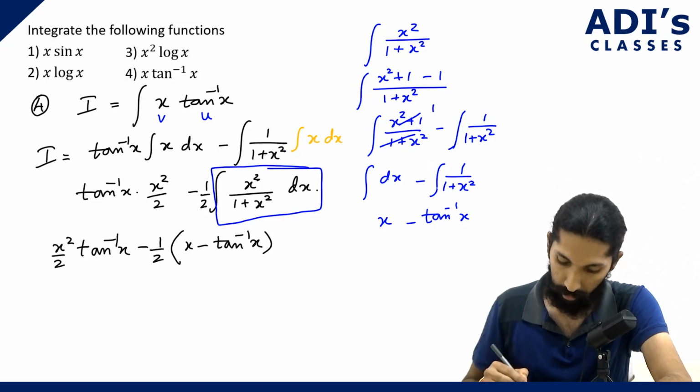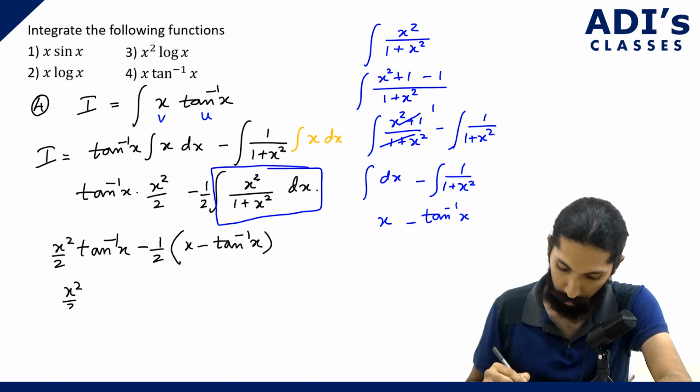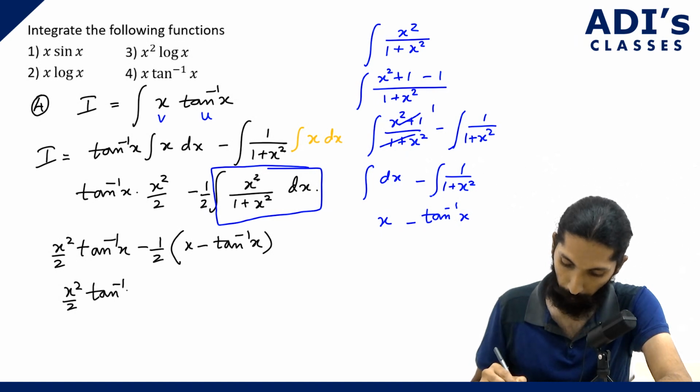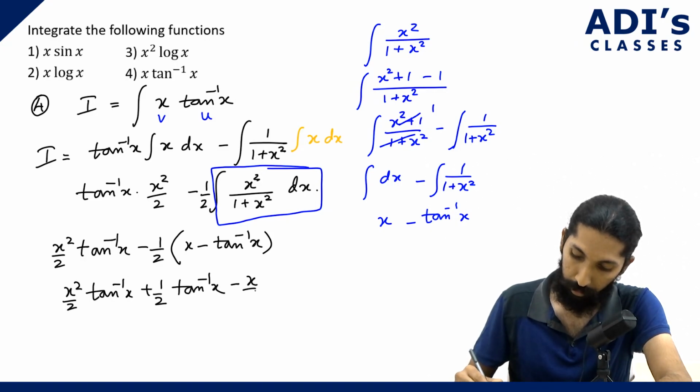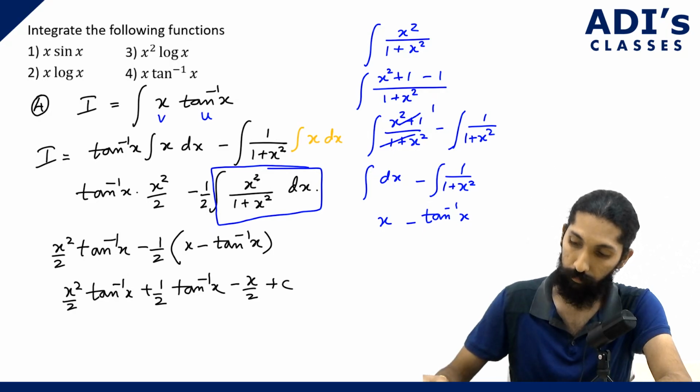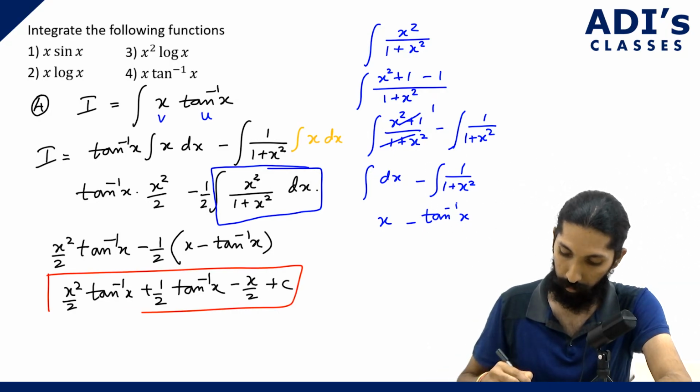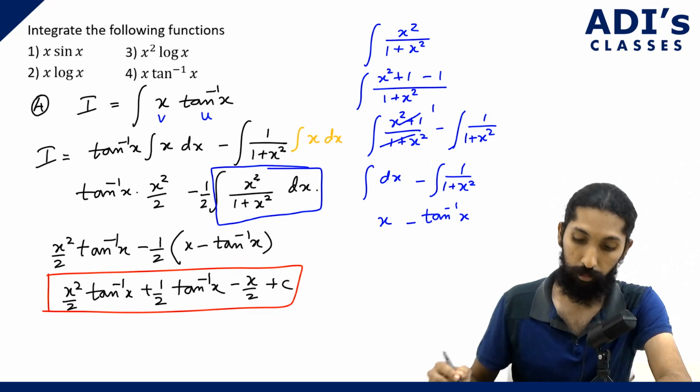So you can write this as x square by 2 tan inverse of x plus half tan inverse x minus x by 2 plus c. So this is going to be the answer for the fourth one.